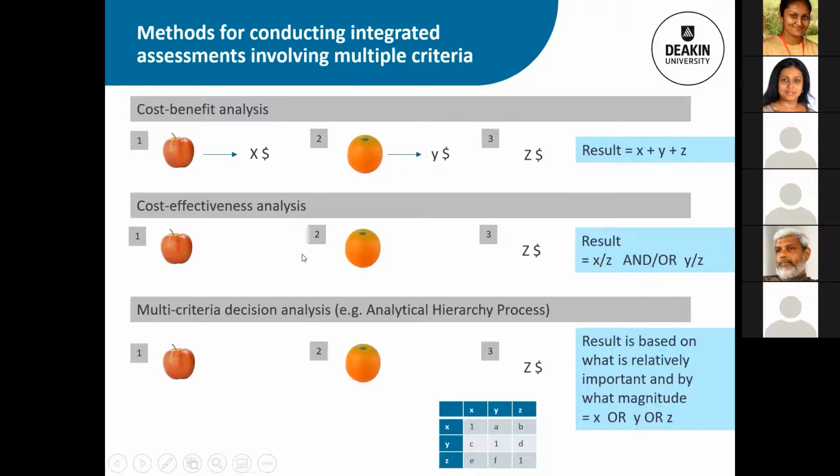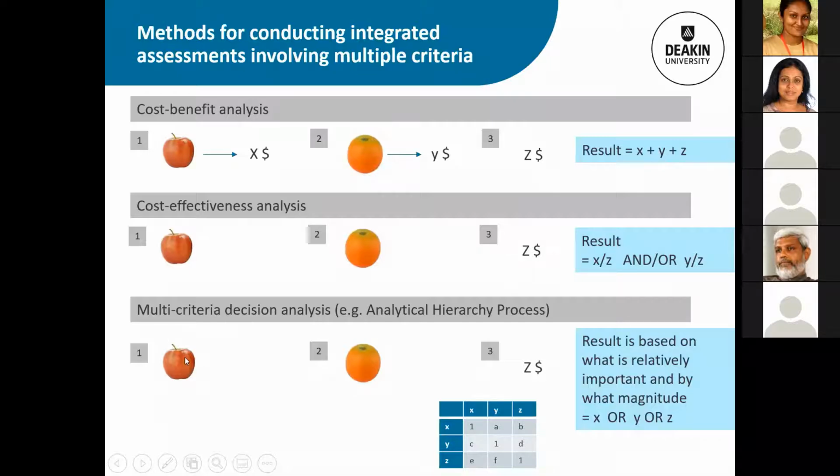So if we think of the effectiveness of apples as a ratio of money, or the effectiveness of oranges as a ratio of money, that is environmental impact divided by cost, or performance divided by cost. Here we get ratios which we use as indicators to govern our decision, but you get more than one indicator. With cost-benefit analysis, you get only one indicator. There are a couple of other techniques, but I just took an example. It's called multi-criteria decision analysis.